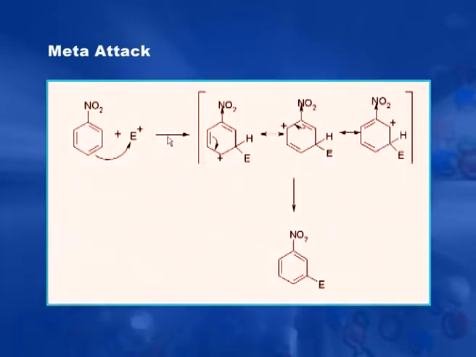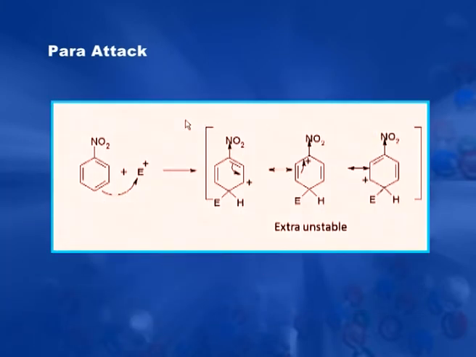But if we see the meta attack of an electrophile, these three resonating structures are formed, but none of these is extra unstable. All these three contribute equally towards resonance. Now, para attack: in this again we get one resonating structure which is extra unstable.